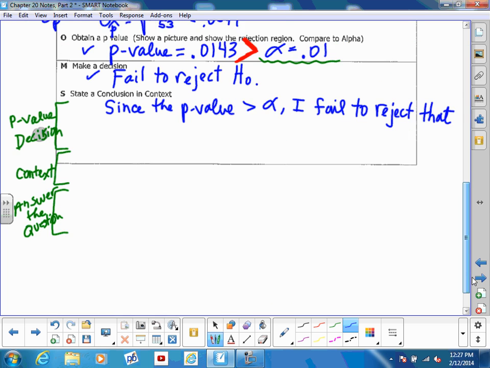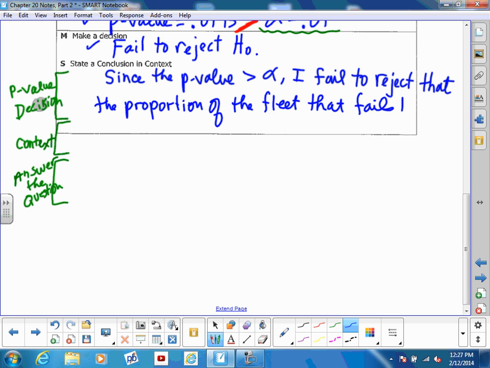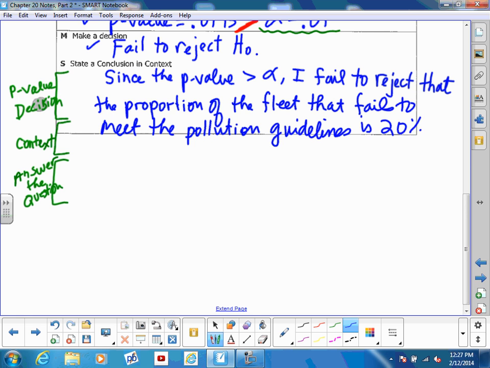Okay, so I fail to reject that the proportion of the fleet that fails to meet the pollution guidelines is 20%. So I do not have the ability to reject that.